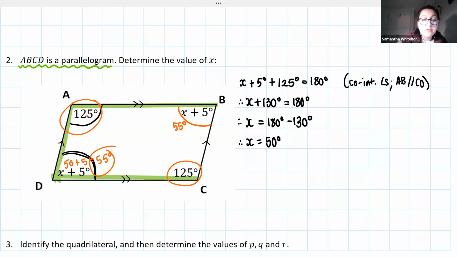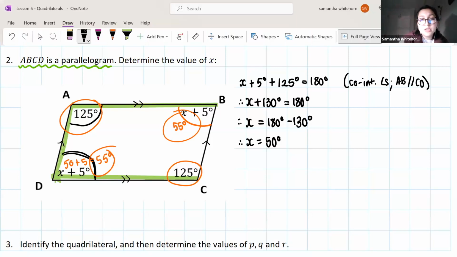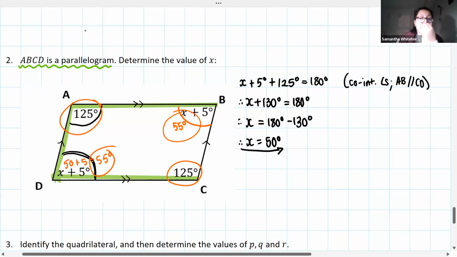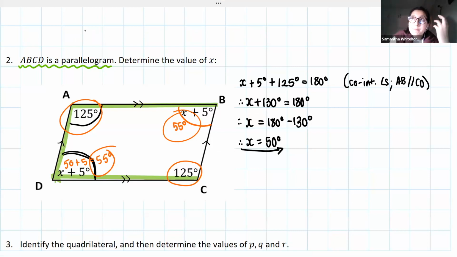Plus 125 is a value that my brain can't compute right now, but I will do it on a calculator. So 180 plus 125 is 305. Plus the last 55 degrees gives me 360. So remember, we've spoken about this before. You can always double check yourself when you're solving for an unknown by putting it back in and making sure that it's true for the knowledge you have about that shape.